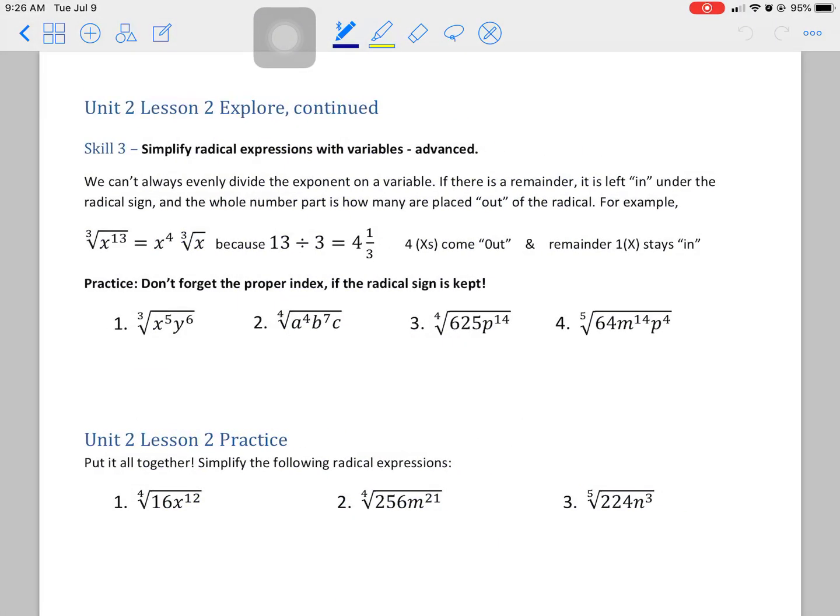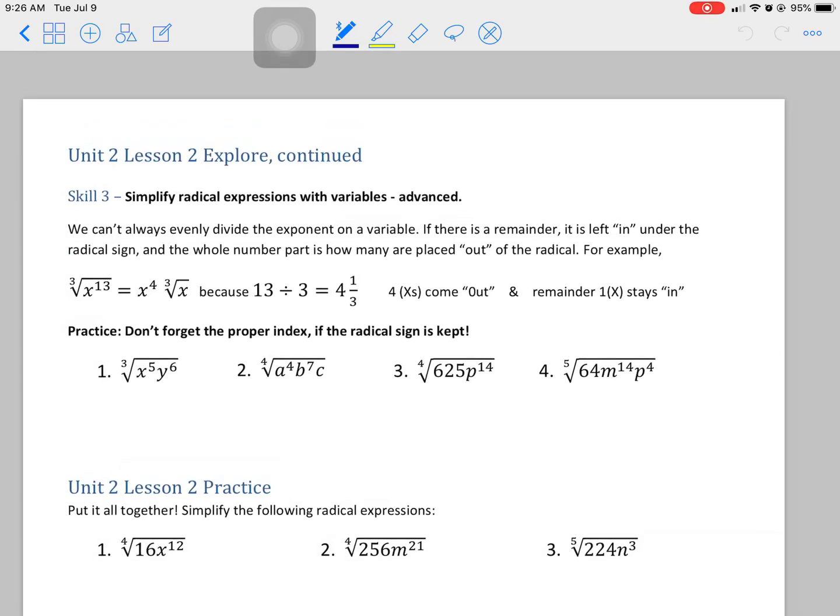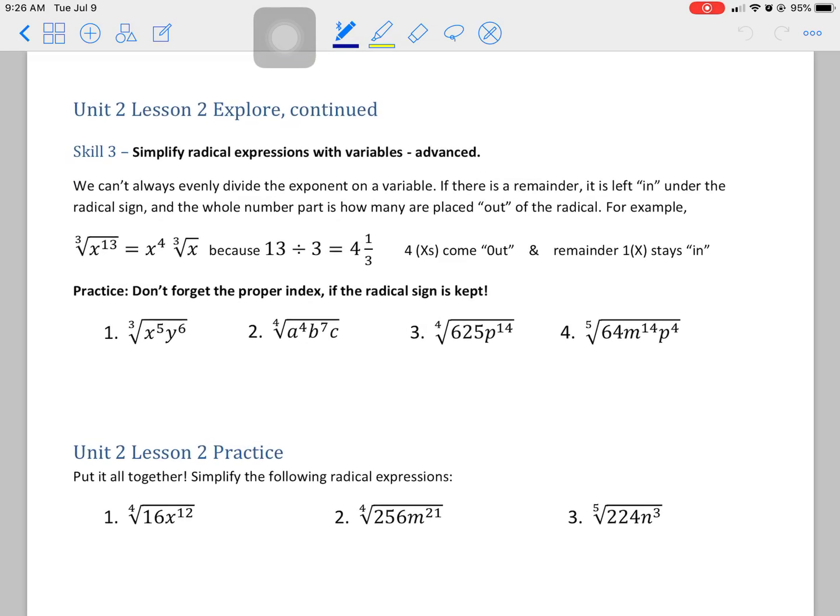One more skill here, and then we'll practice. Those are pretty much even x's. We have remainders now. So x to the 5th divided by 3 is 1 and 2/3. y divided by 6 is 2. Okay, so what came out? 1 x came out, 2 y's came out, and there's 2 x's leftover. Don't forget to write the little 3 index back in there.